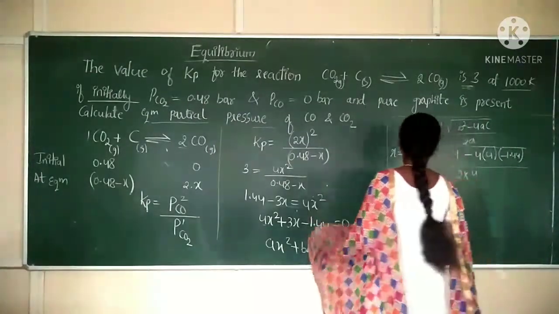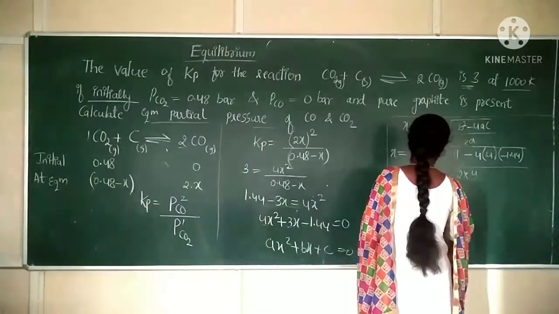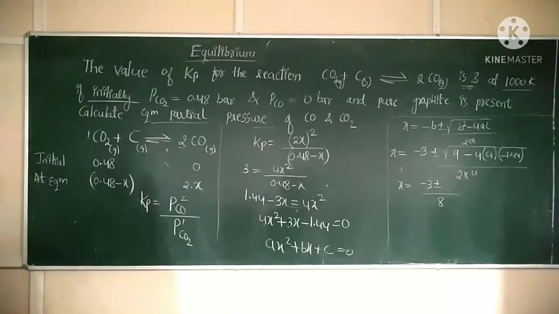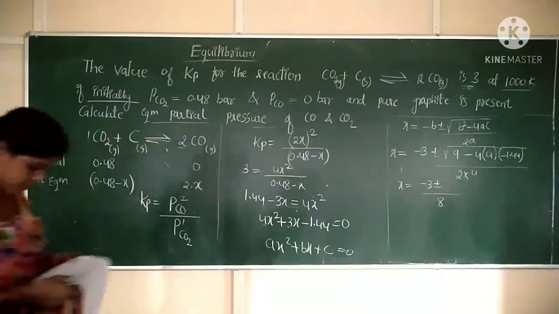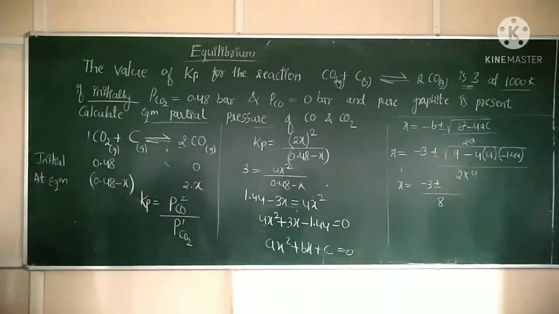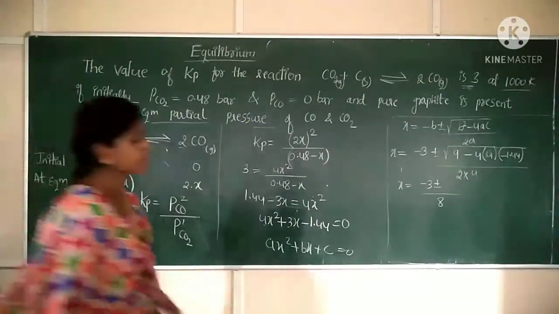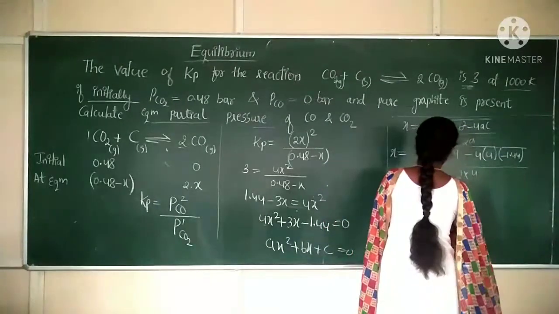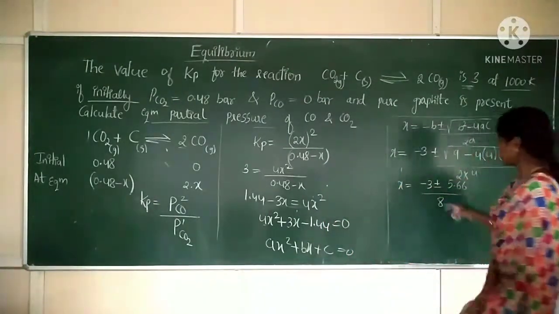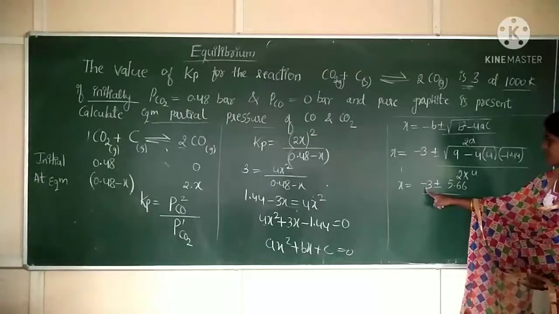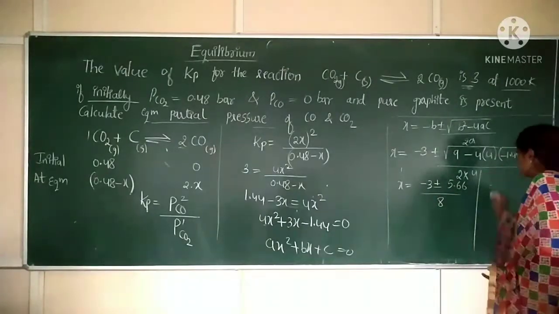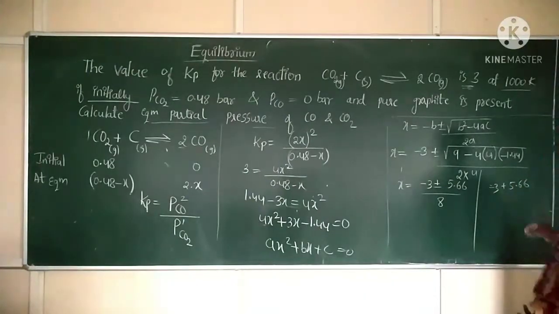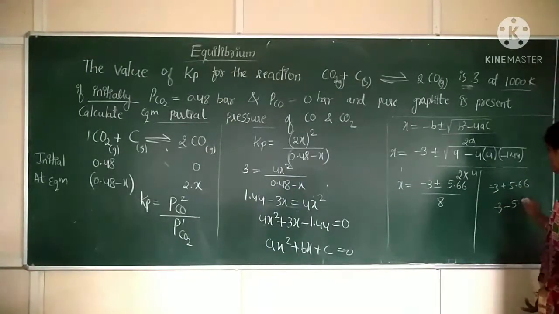By simplifying we will get minus 3 plus or minus the square root, which on simplifying is 5.66. So here there are two values. One is minus 3 plus 5.66, another one is minus 3 minus 5.66.